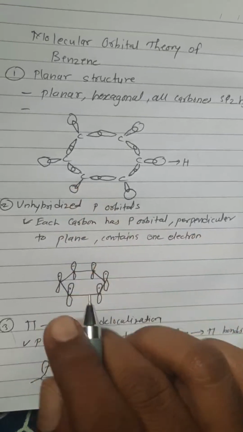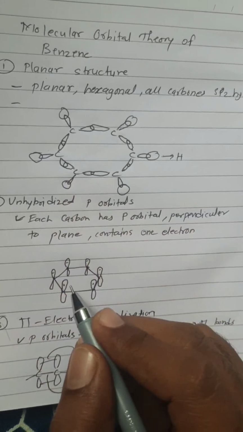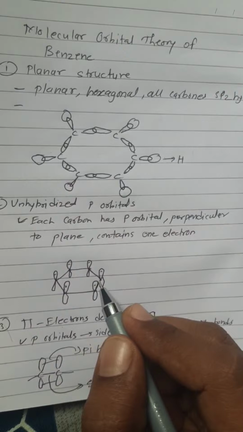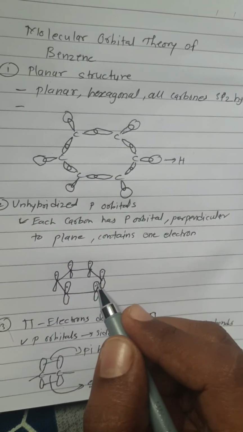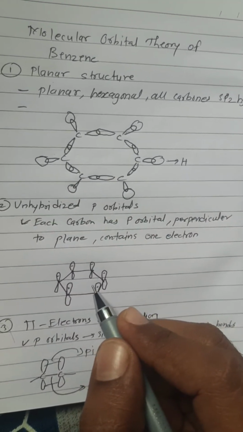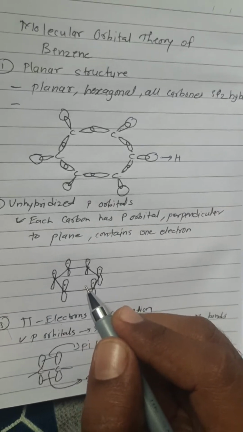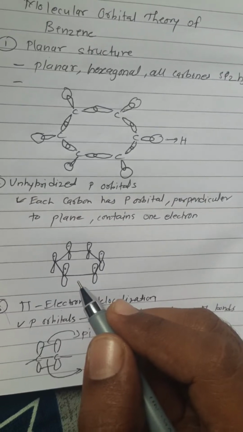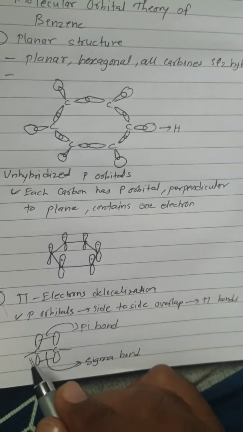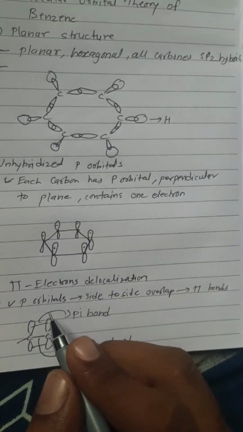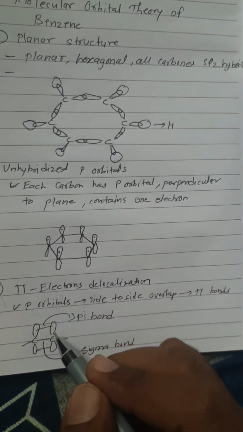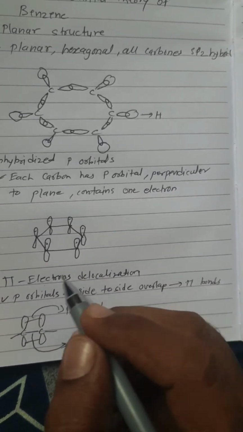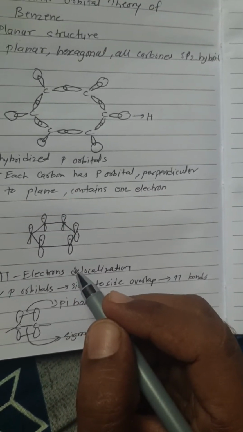This flat plane, this is perpendicular, and each p orbital contains one electron, therefore they can overlap, and thus they can form pi bonds, 3 pi bonds. You see here the p orbitals, they can laterally overlap and form pi bonds.